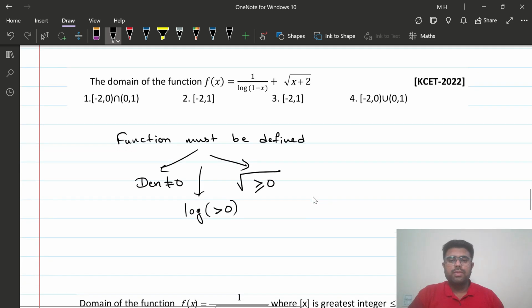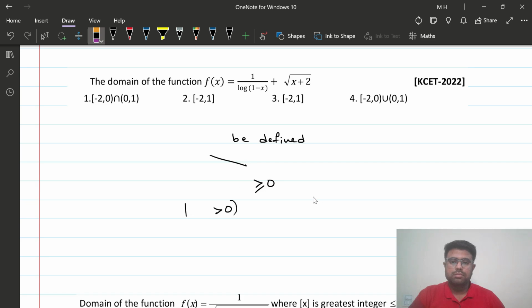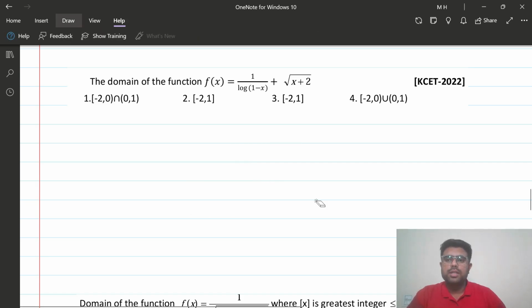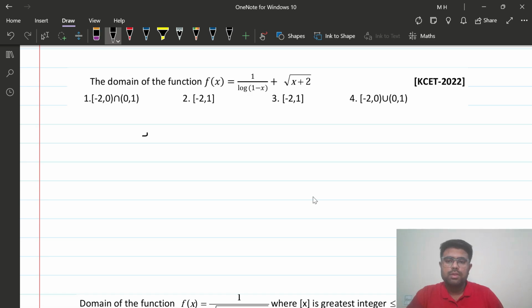In this case, the function they have given is f of x equal to 1 by log of 1 minus x plus root of x plus 2.